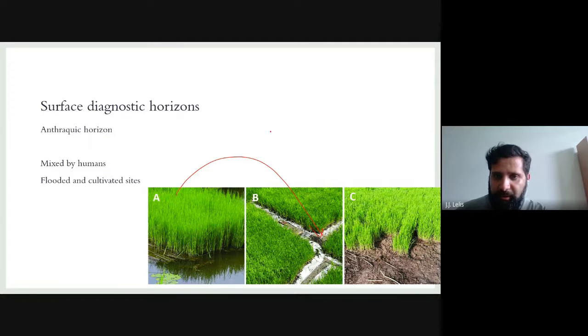So here the organic carbon is lower than 20%.